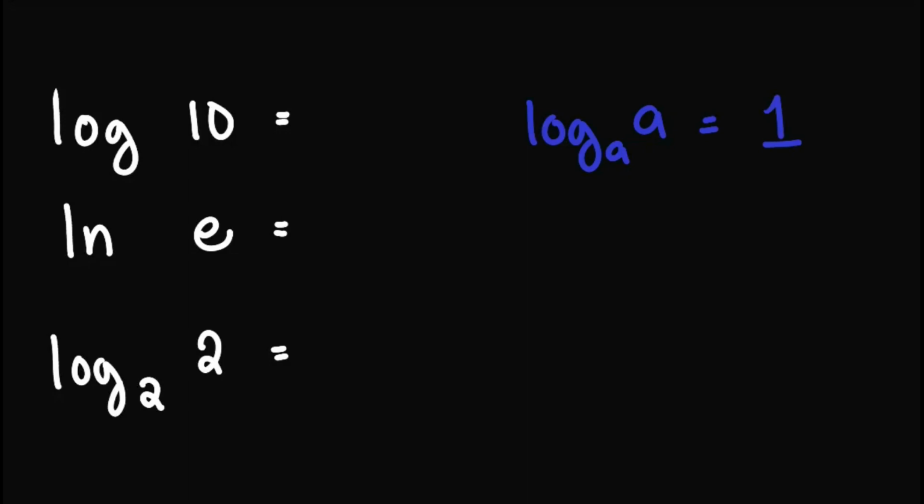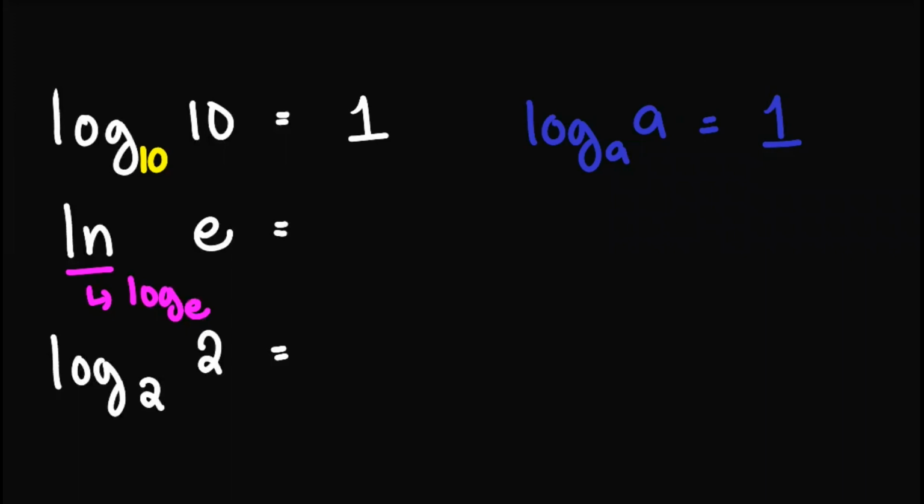So note that in the first example, since the index is missing, we simply know that this must be 10. So the base is similar to this one out here. Therefore, the outcome for this first logarithm is 1. As for the second one, note that ln is the same as the logarithm of base e.